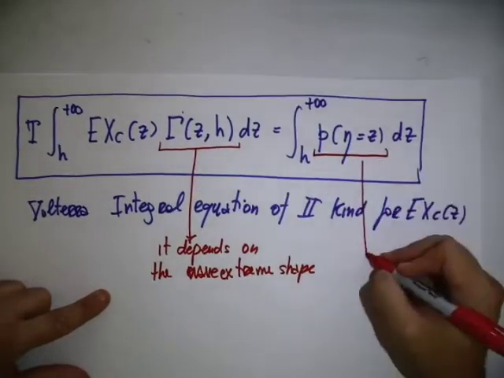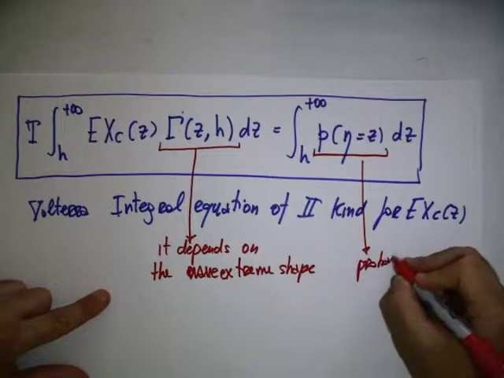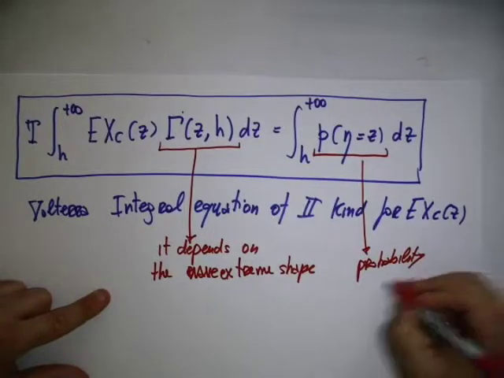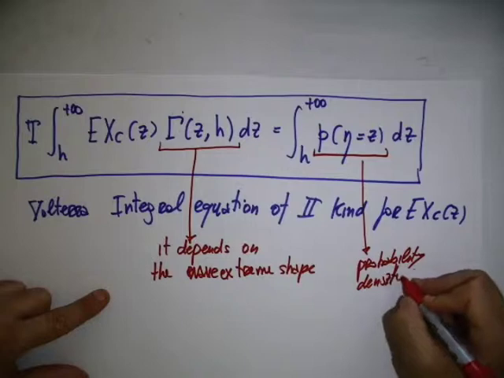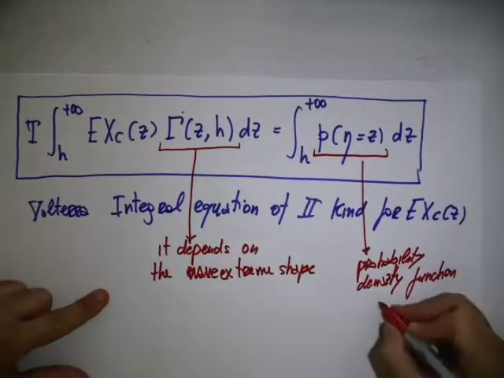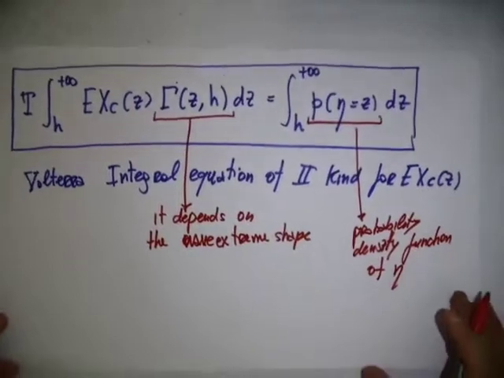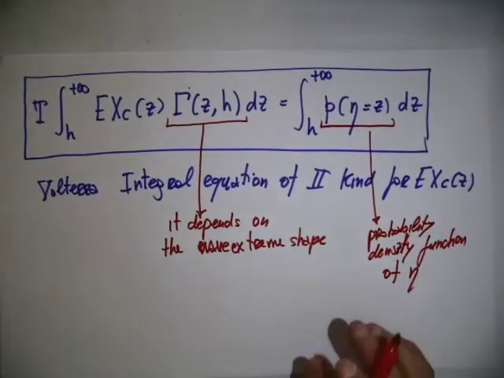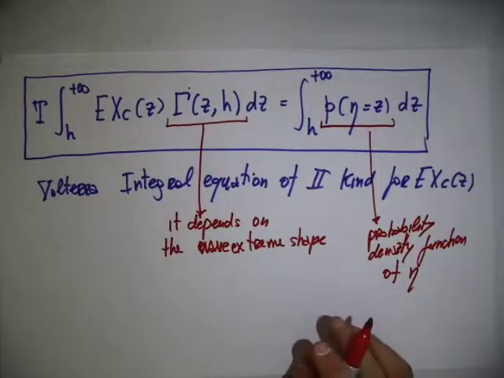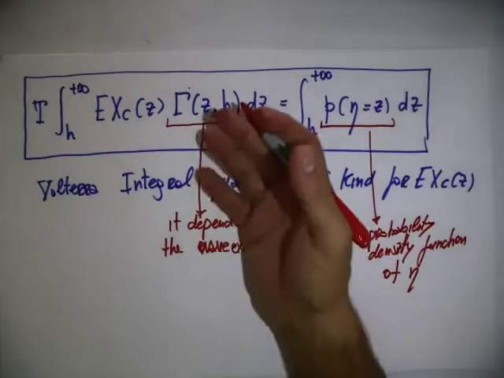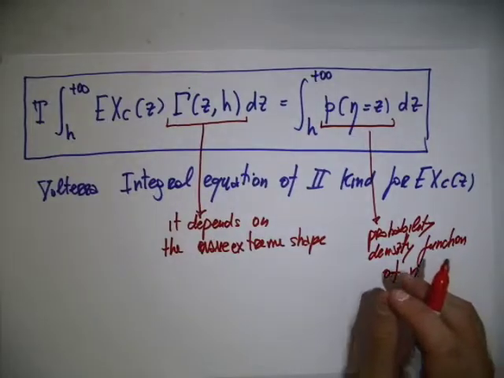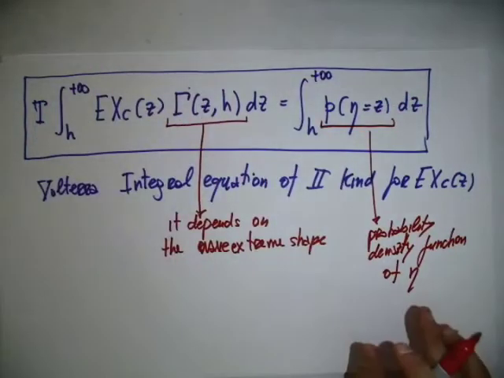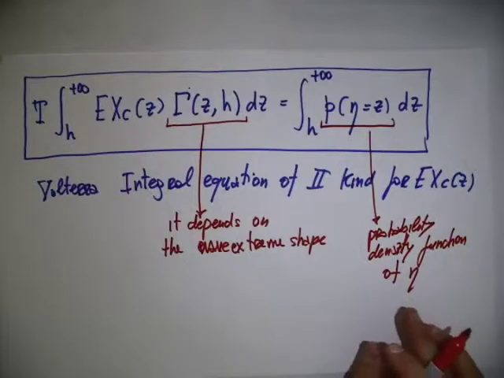And we also need the probability density function of eta. Of course, these are quantities that can be easily estimated from data empirically. Then you plug it here, you solve numerically your integral equation, and then you have an approximation of the expected number of crests above h.